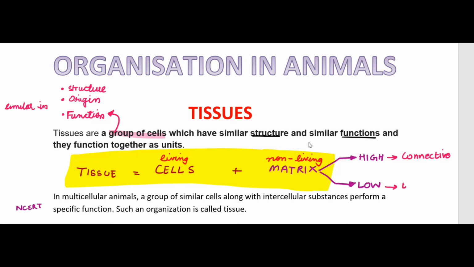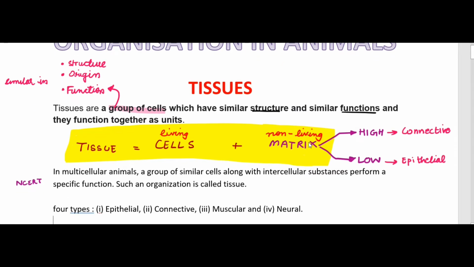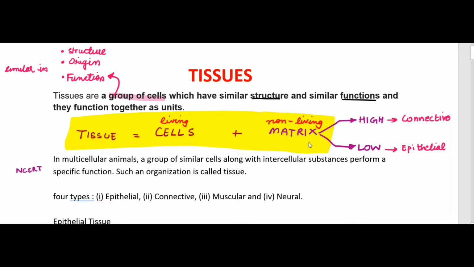Okay. So as we saw, there are four types of tissues: epithelial tissue, connective tissue, muscular tissue and neural tissue. So let's talk about the origin of these four tissues.